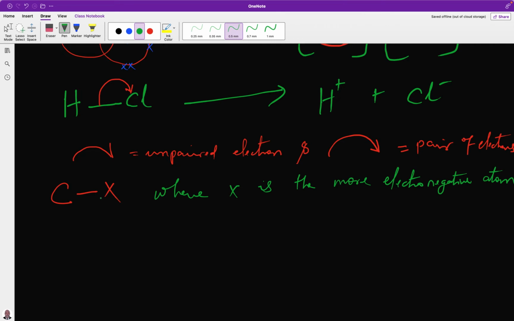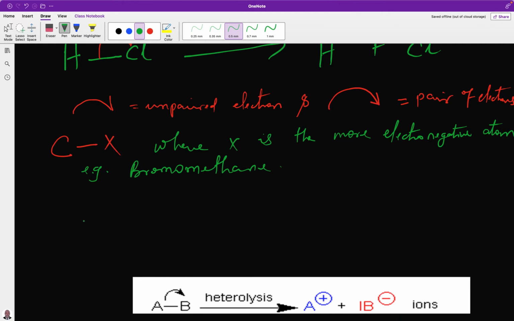I want to give an example of bromomethane. In bromomethane, this is how it is.